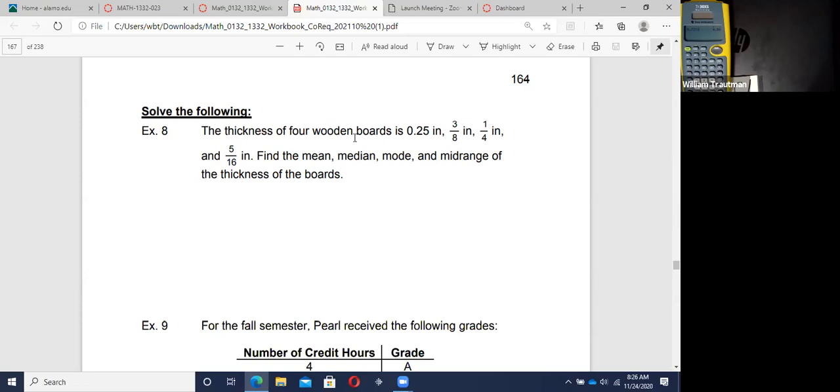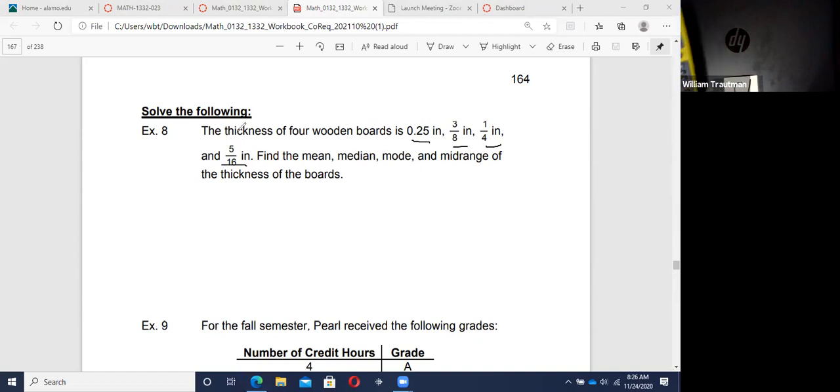Find the mean, median, mode, mid-range for all of these. I'm going to go ahead and type them all into my calculator. You can actually type the fractions and everything in.